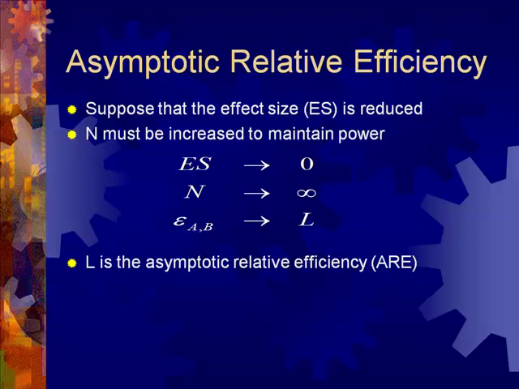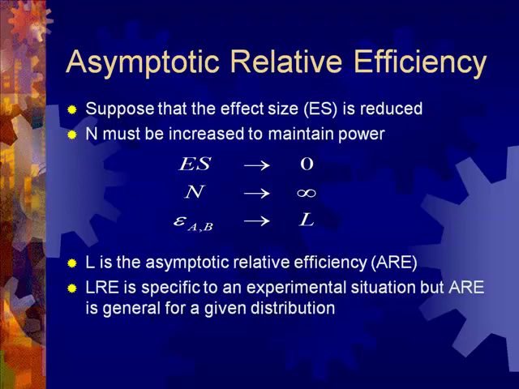So the asymptotic relative efficiency is the efficiency of our two tests as we move the effect size closer to 0, thus increasing both sample sizes. And the ratio of those sample sizes is going to converge on a limit notated here as L, and that's the asymptotic relative efficiency.